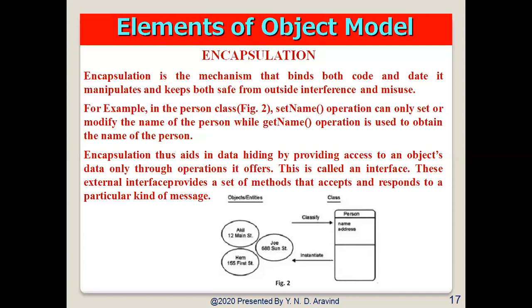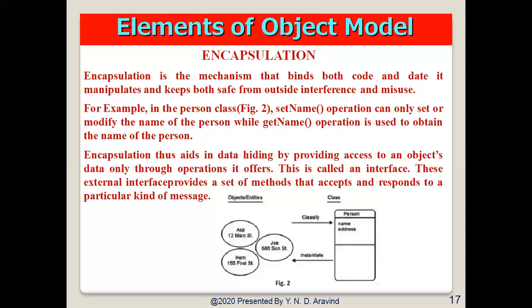For abstraction to work, implementation must be encapsulated. In practice, this means that each class must have two parts, an interface and an implementation.